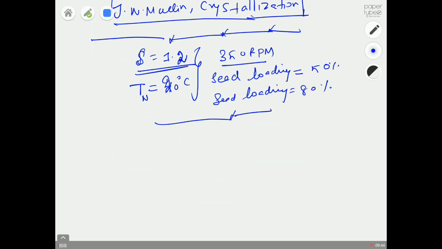If I ask you to write about this, you will go crazy, because you don't know what a supersaturation ratio of 1.2 is, why I chose it, what seed loading means, what I mean by 50%, or why I increased the seed loading to 80%. To answer all these questions, you must know the basics of crystallization.